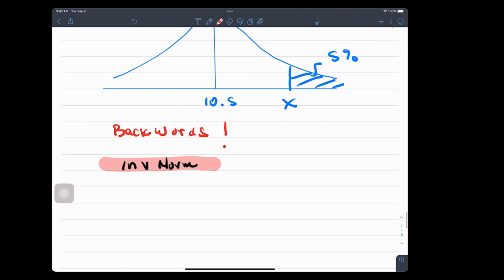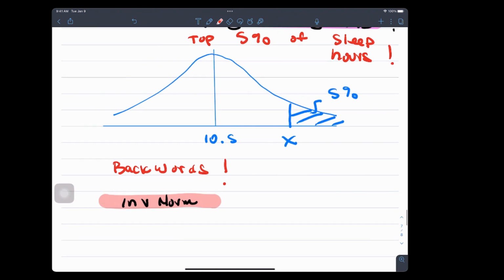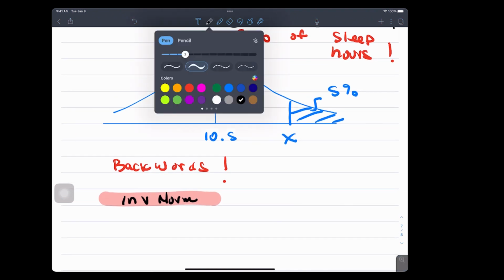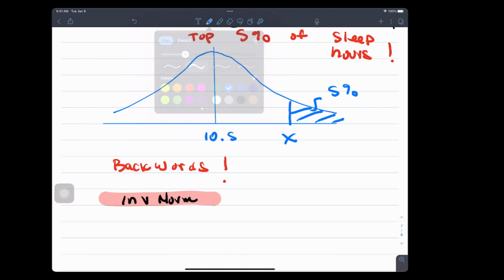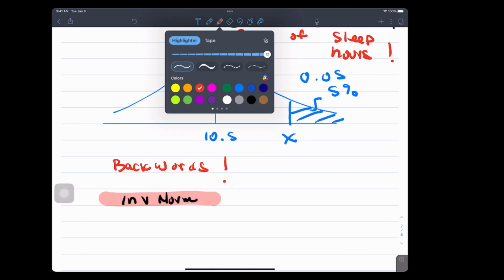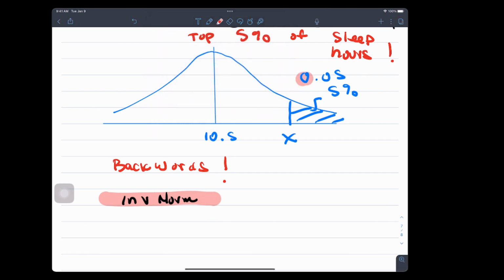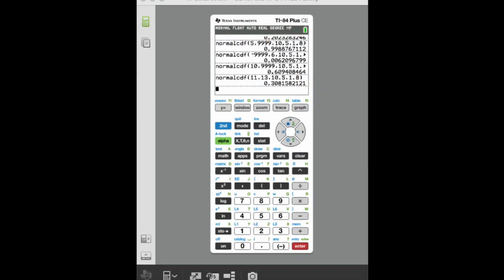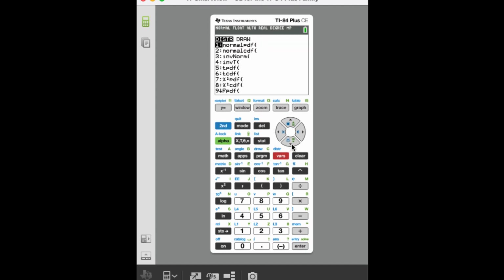Now, here's the thing though. 5%, how do you represent 5% as a decimal? It's 0.05 as a decimal. You got to be careful here. So when you go to the calculator to work backwards, it's very easy. Second distribution, we look for inverse norm now.